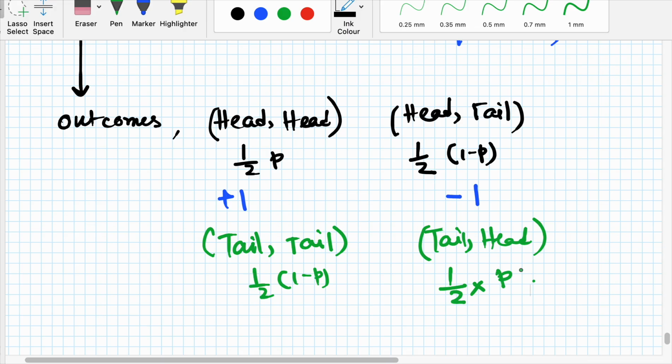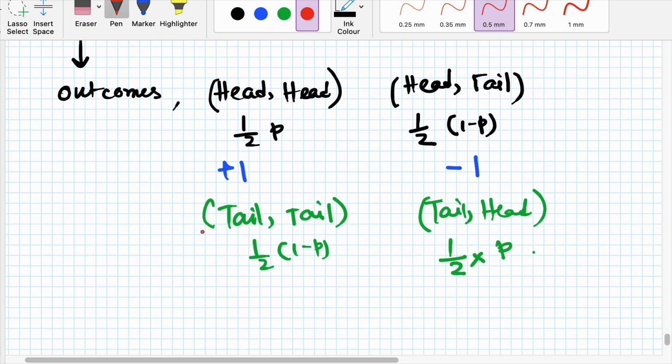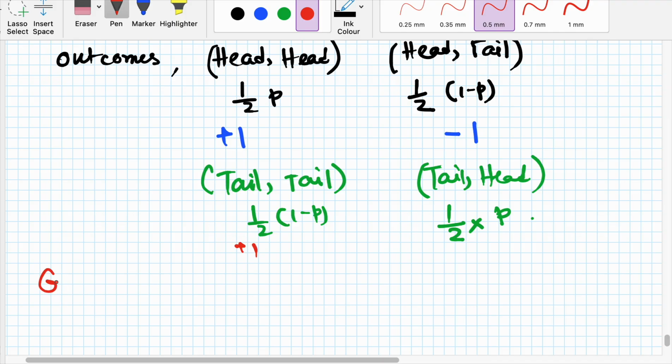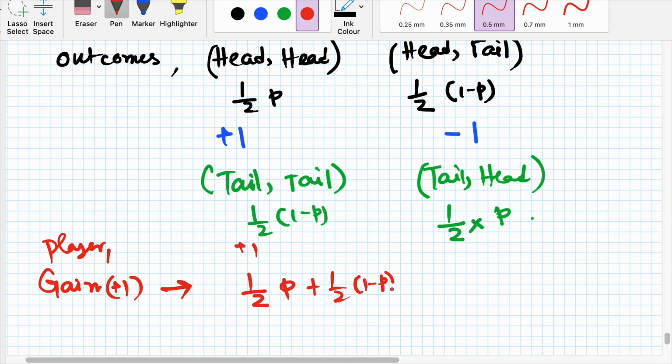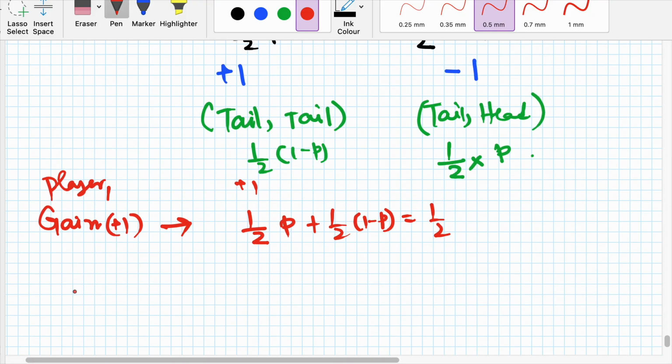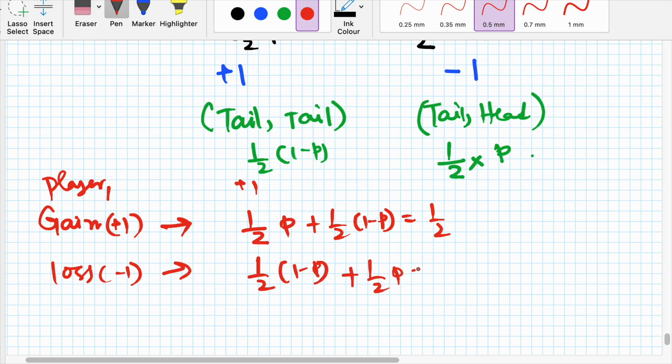So in particular, the probability with which player 1 gains plus 1 rupee is half p plus half 1 minus p, which equals half. And similarly, the probability of losing minus 1 is half into 1 minus p plus half into p, which equals half.